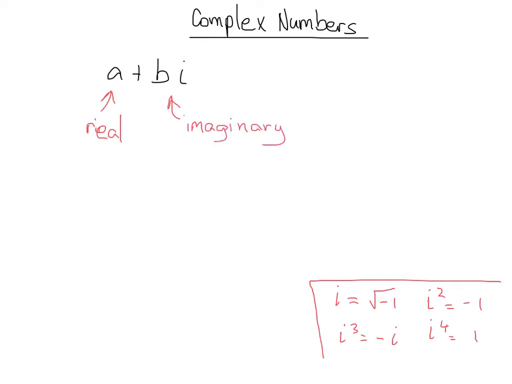We can actually have a complex number without a real part, or without an imaginary part, or with both. But usually our complex number system allows us to have both a real part and an imaginary part. For example, 3 plus 4i is a complex number.